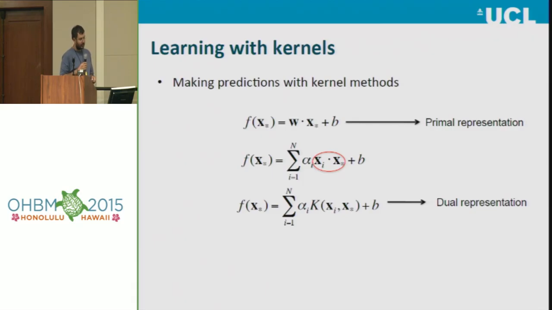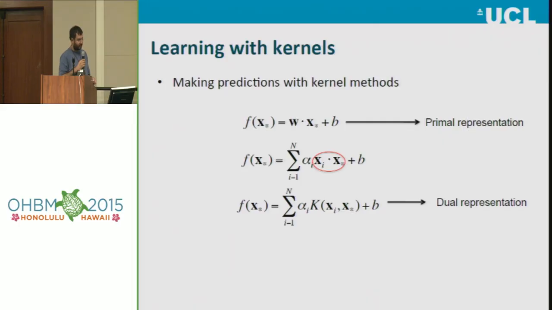So how do we actually make predictions with kernel methods? We can start off with what I've been talking about, which is that we represent the predictive function using a weight vector and a bias term. That's the first line, and that's what's known as the primal representation. But because we know that the weight vector is just a linear combination of the examples, we can go on to the second line and rewrite it.